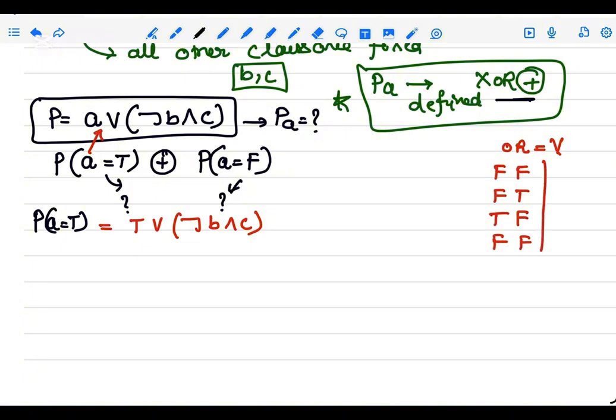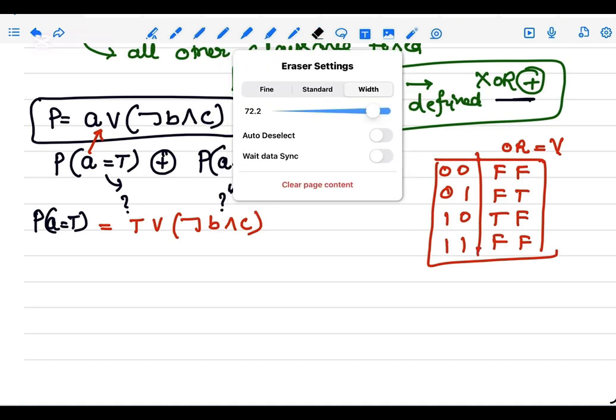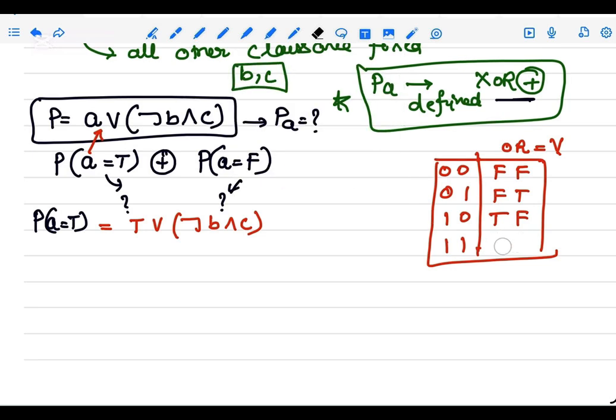Or you can write 00, 01, 10, 11 also. 0 represents false and 1 represents true. I wrote the last one wrong; it is true true. In the OR gate, if one value is true, the result will be true, that is 1 1 1. Otherwise, if both are 0 0, the result is false, that is 0.